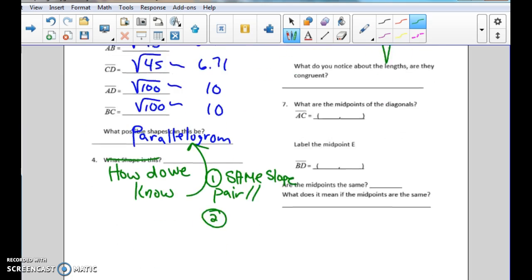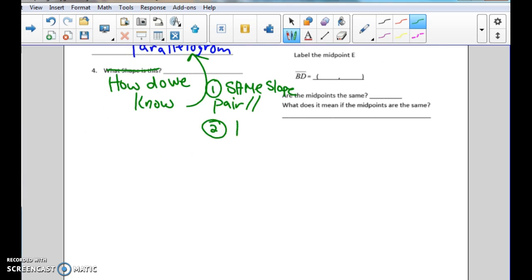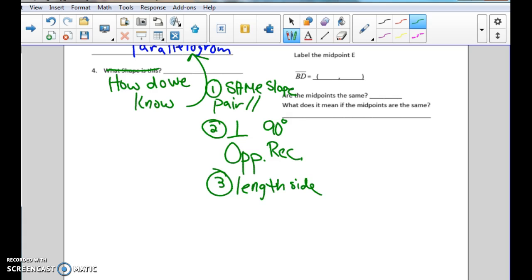So the second thing I did is I looked to see if they were perpendicular, which means they're 90 degrees, right? I looked for the opposite reciprocals. And then the third thing was what? The sides. I looked for the length of the sides. Were they all the same or not?